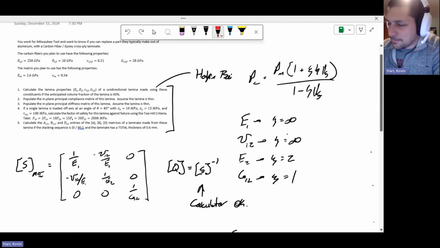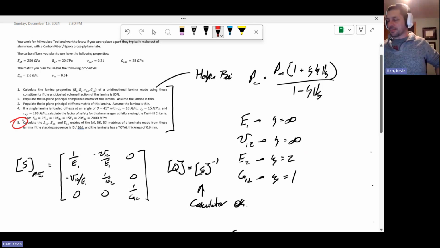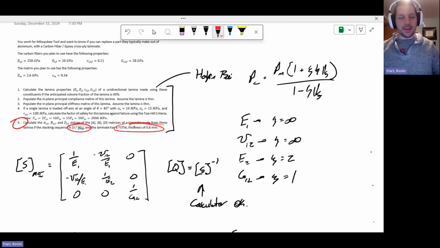We'll see. Lastly, calculate the A11, B11, D11 entries for a certain stacking sequence with a total thickness of 0.6 millimeters. I've already shown the ABD matrices. Something to watch out for in this portion of the exam is whether you can identify it as a special laminate and immediately make some conclusions.